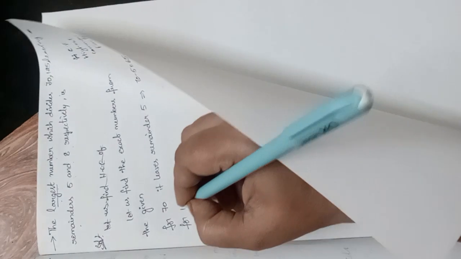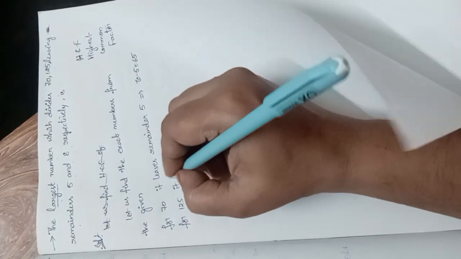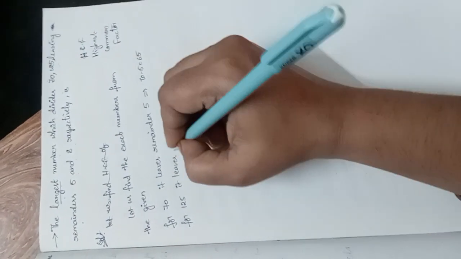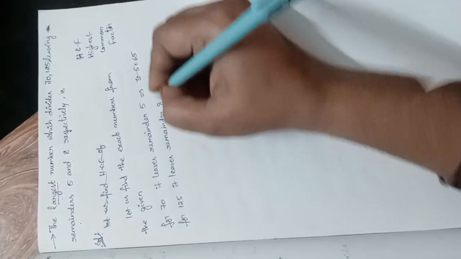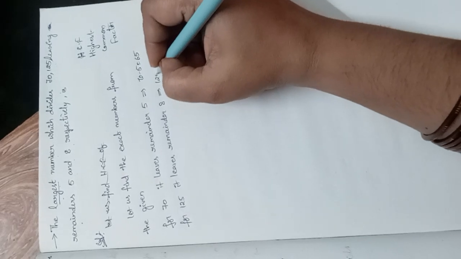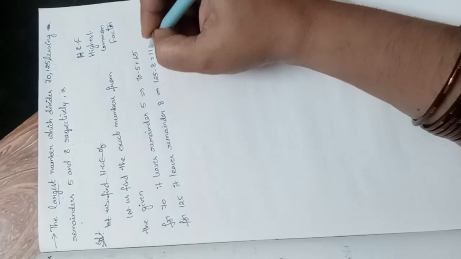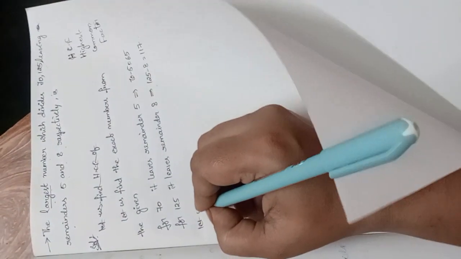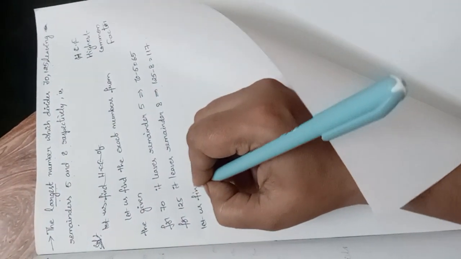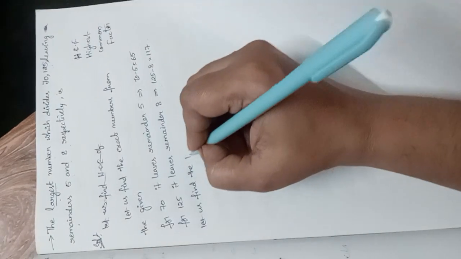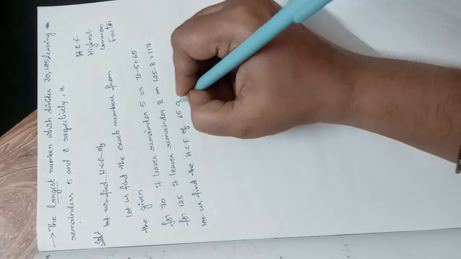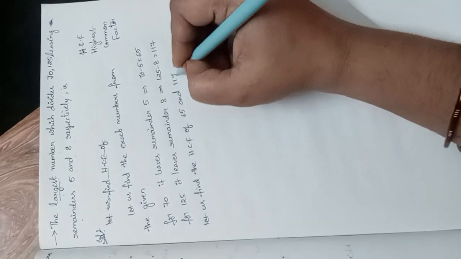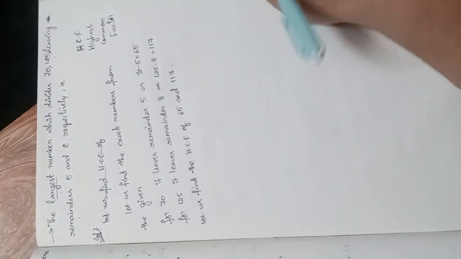Next, for 125 it leaves remainder 8, which implies 125 minus 8, which is equal to 117. Right? Now let us find the HCF of 65 and 117. Understood why we did this?